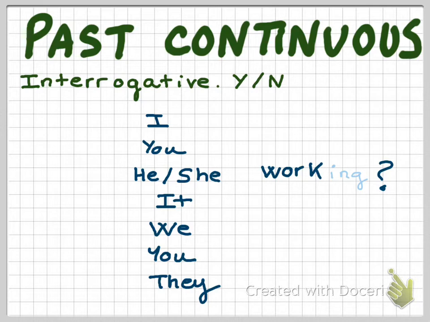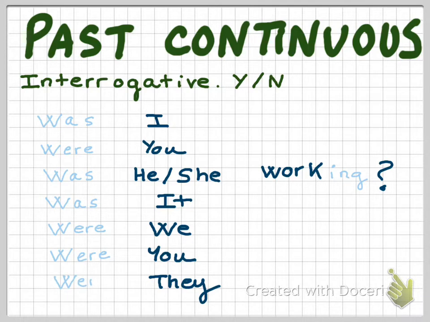So we have here: Was I working? Were you working? Was he working? Was she working? Was it working? Were we working? Were you working? Were they working? See, it's easy.